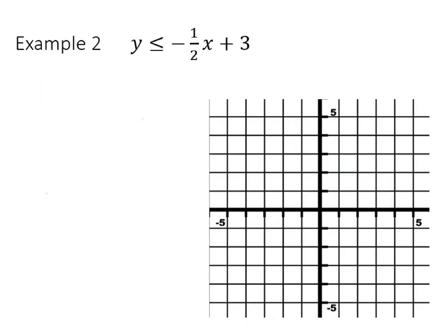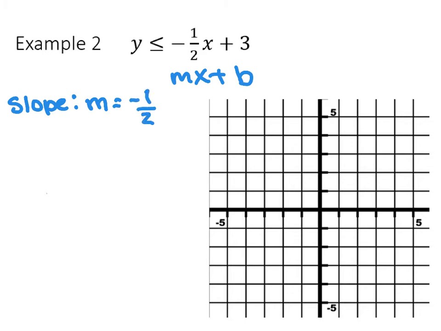Now let's try the next example. This example is also already solved for y, so it's in mx plus b form. So the slope, or the m value, is -1/2, and the y-intercept, or the b value, is 3.